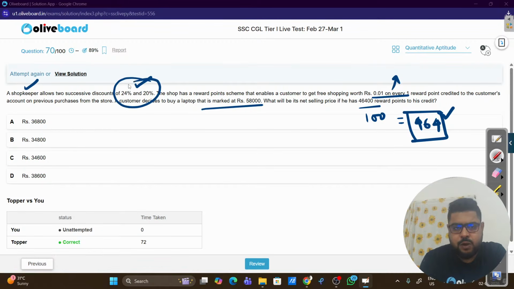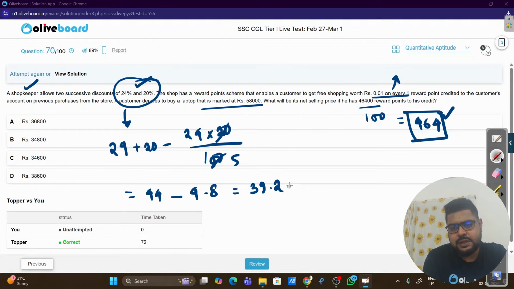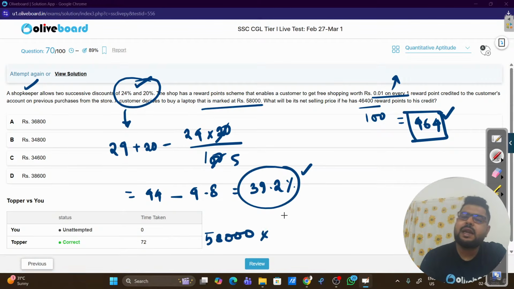So total, sir, how much is the discount? Sir, AB theorem. So 24 plus 20, 44. This is 5, sir, so this is 4.8. So this is 40, so 39.2%. Perfect. So 58,000 rupees with 39% discount or 40% discount, meaning 60%, 39 meaning 61.8%.